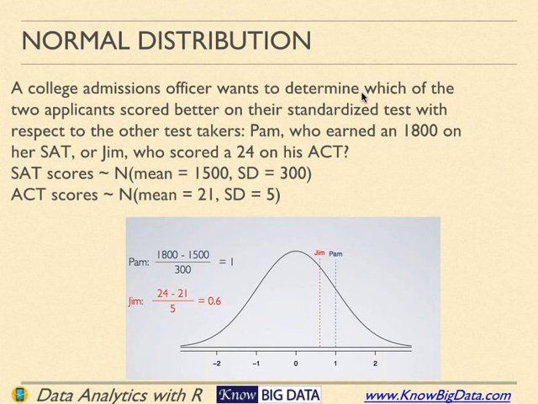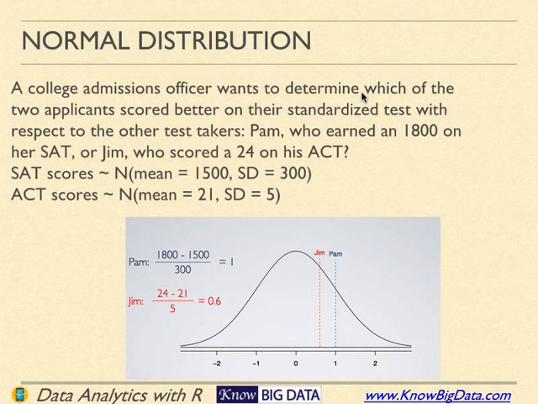Pam is how far from the mean? One deviation. Great. And Jim is how far from the mean? Pam is on the higher side, plus 1 deviation, while Jim is hardly 3/5 of a deviation away from the mean.